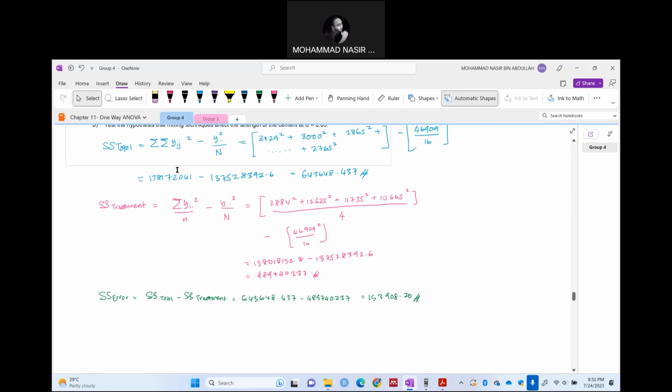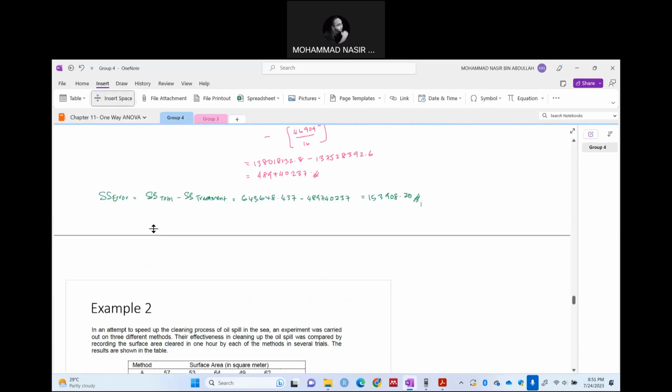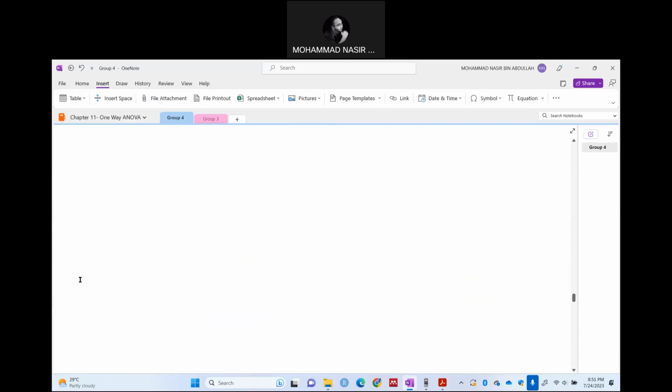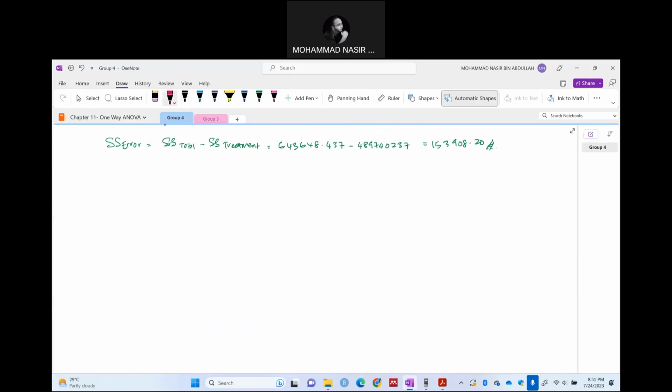So once we already have the value, then we create ANOVA table. So ANOVA table format are same as previous. We have source of variation, sum of square, degrees of freedom, and mean square, and last is F value.